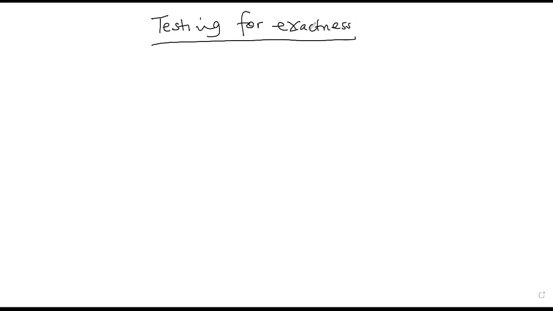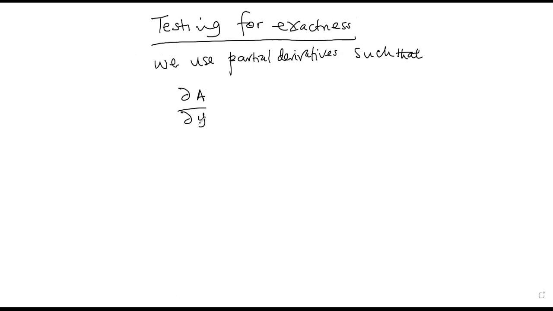To test for exactness, we use partial derivatives such that ∂A/∂y is equal to ∂B/∂x.